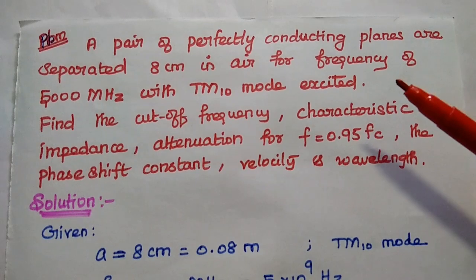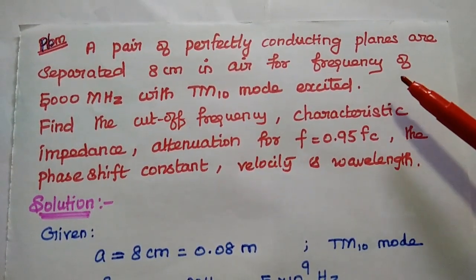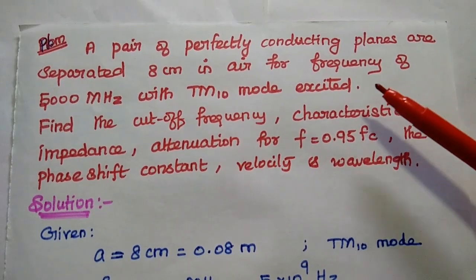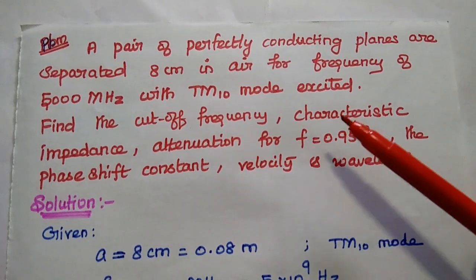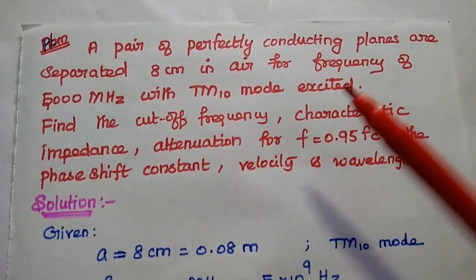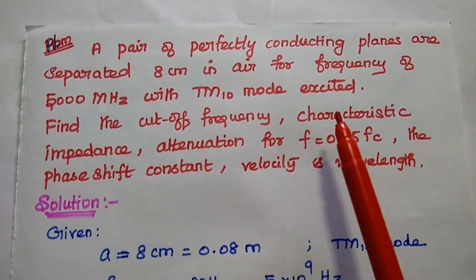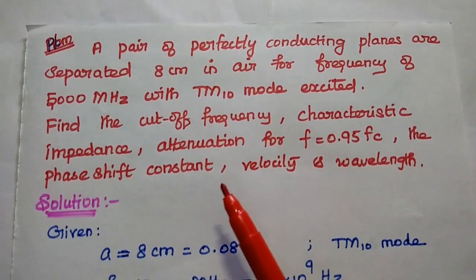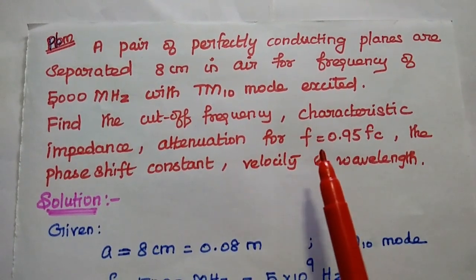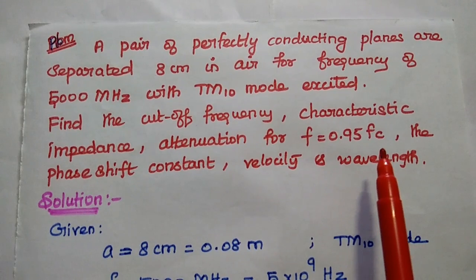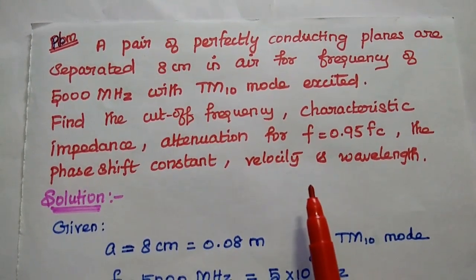Now we are going to solve one important problem in parallel planes. A pair of perfectly conducting planes are separated by 8 cm in air. For a frequency of 5000 MHz with TM10 mode excited, find the cutoff frequency, characteristic impedance, attenuation for f equal to 0.95 fc, the phase shift constant, velocity and wavelength.